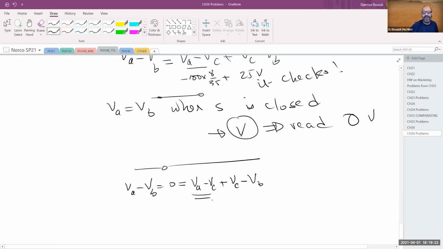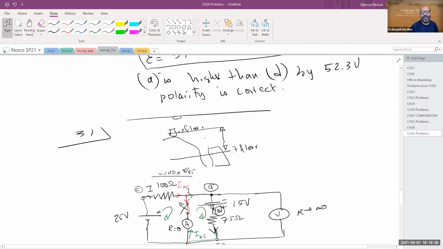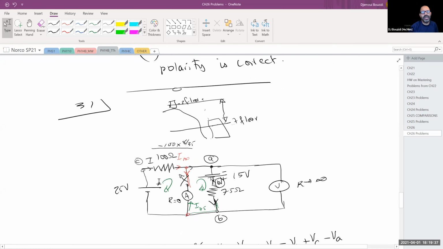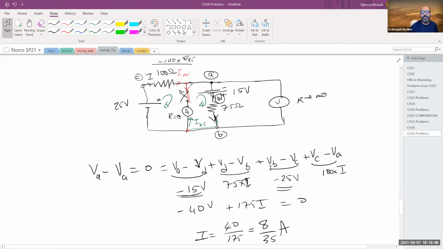Okay, and VA minus VC, I'm going against the I100 now. I'm going VA, which is this whole point. This whole thing is VA, by the way, minus this potential. So it's going to be minus 100 times I, plus VC minus VB.